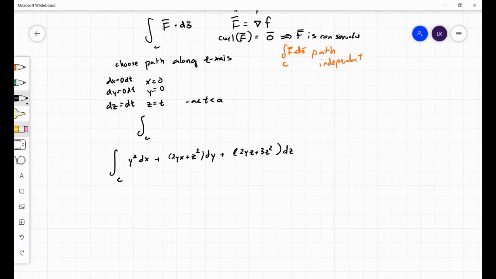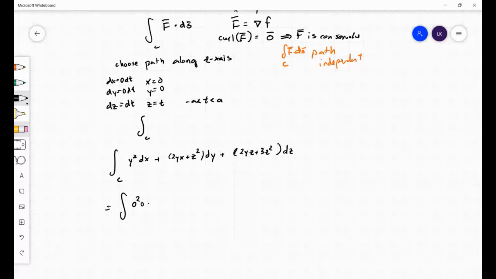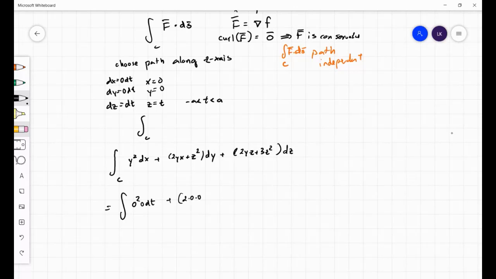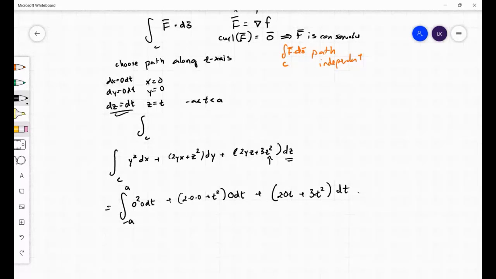So that would mean that x and y are 0, z is equal to t, dx is 0, dy is 0. And finally, we get something that's non-zero: dz is equal to dt. t goes from minus a to a.